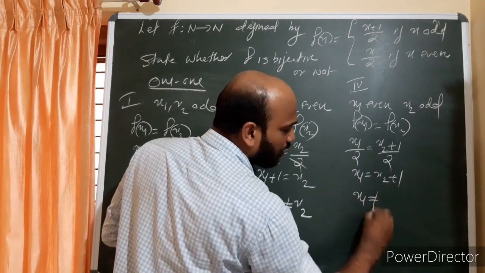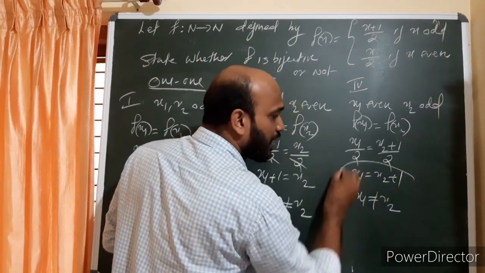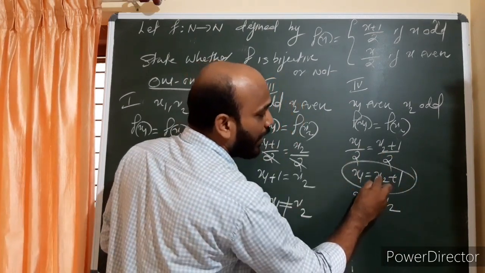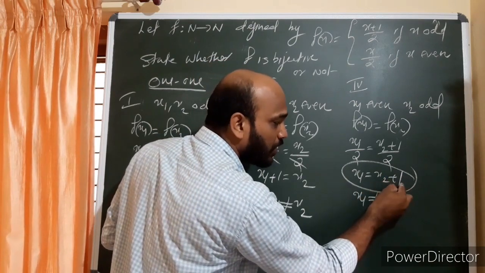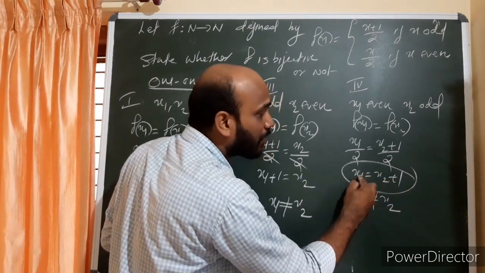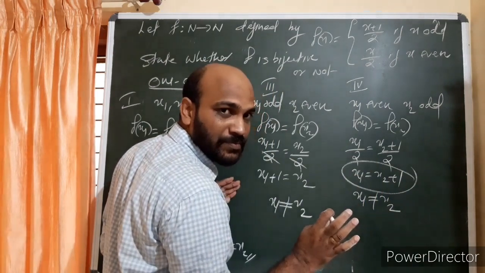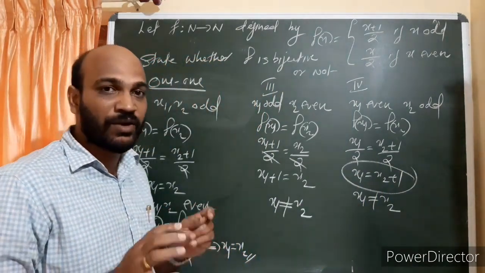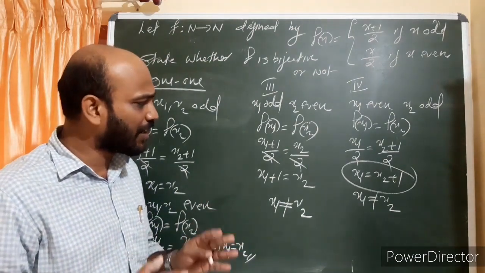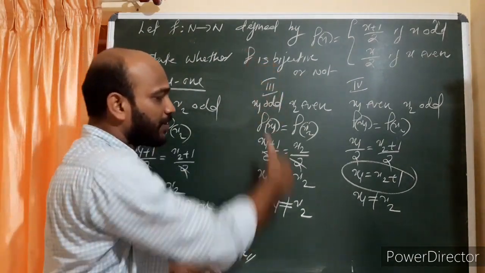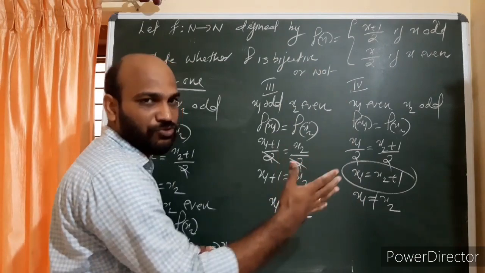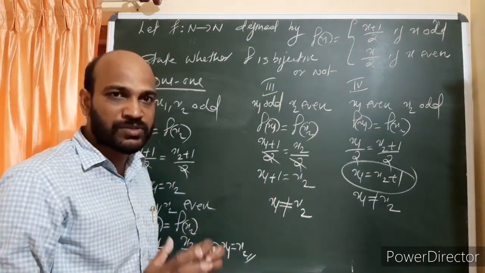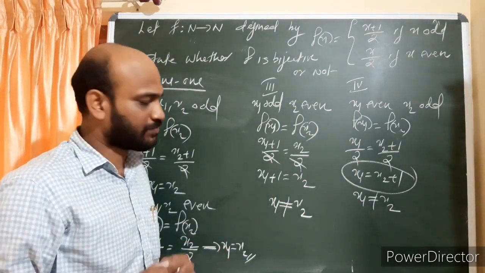Clearly x1 is not equal to x2, and this is a true case because x2 is an odd number, plus 1 will always be an even number, and x1 is even. Okay, so what is our conclusion? Function is 1-1 or not 1-1? It is clearly not 1-1 by case 3 and case 4. Very important question for board examination.